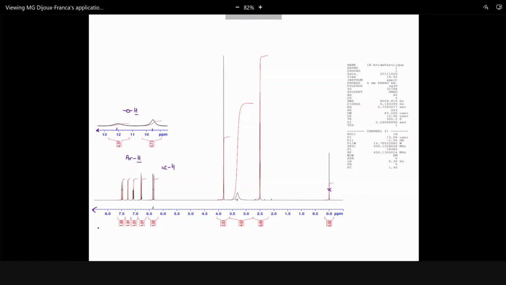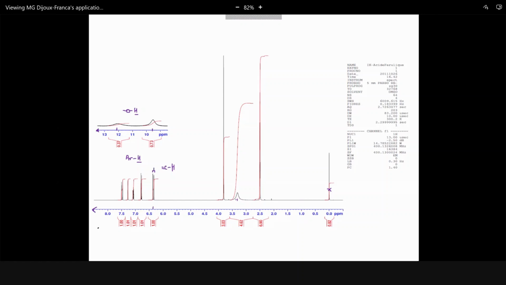But as this proton, as you could see, is a doublet, I have to find somewhere in the spectrum its friend with the same coupling constant.